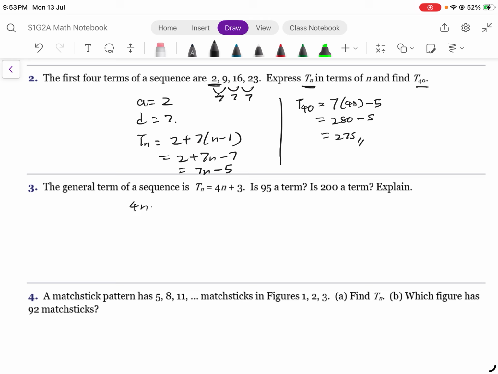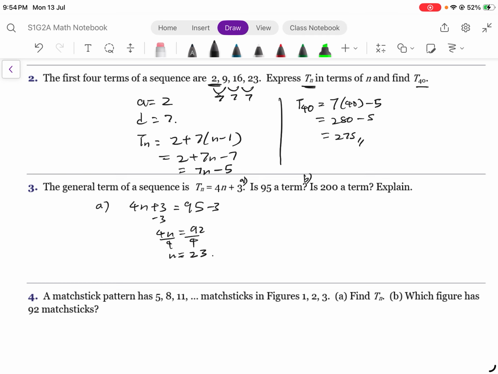Okay, 4n plus 3 equals to 95. So first one, is 95 a term? Let's label this A, B, because the AI didn't do that. So minus 3 minus 3, 4n equals to 92. Divide by 4, n equals to 23.